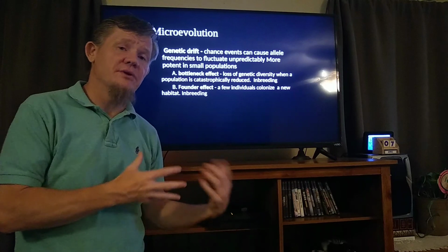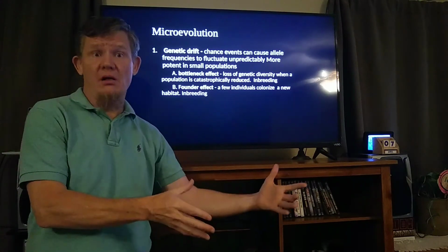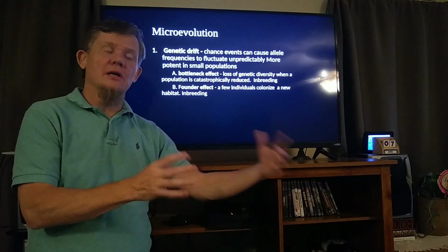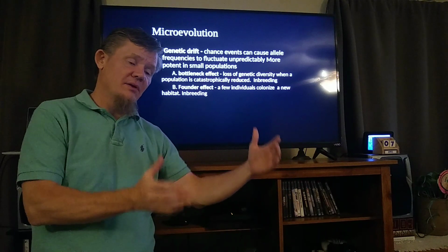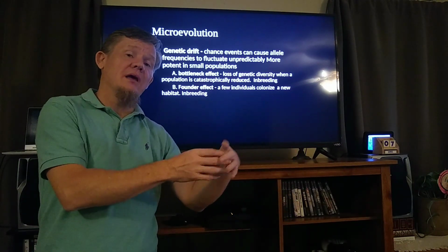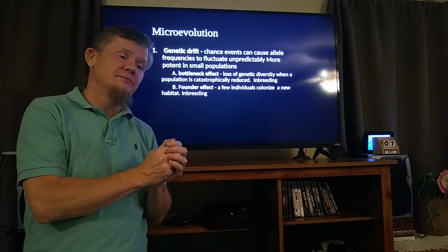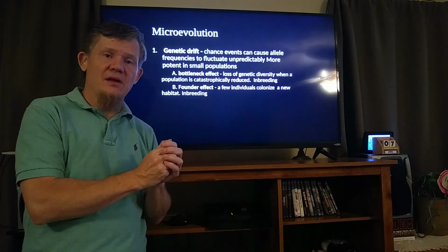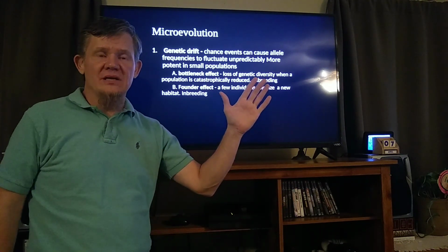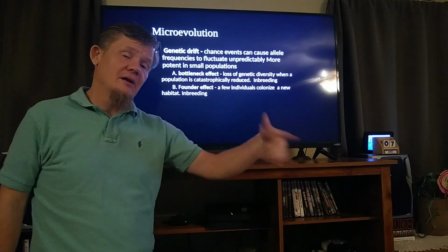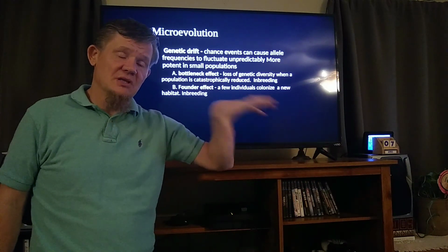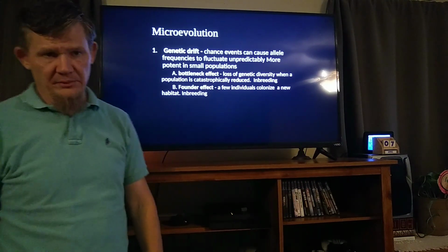The founder effect. They have founded a new colony, and because they have created this new colony and are separated, what can happen is that they will have, again, traits that show up, traits that occur in that population that we don't find in the parent population.